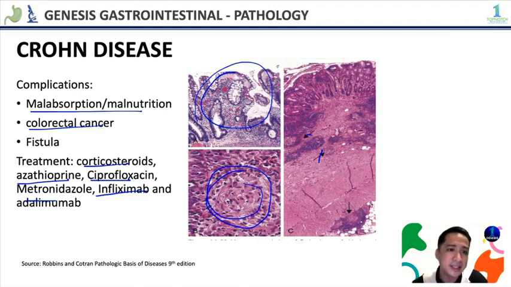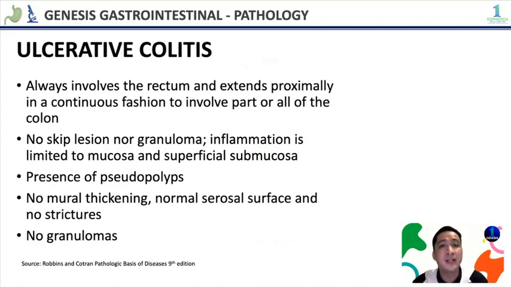Commonly associated diseases are pyoderma gangrenosum, erythema nodosum, episcleritis, and uveitis. Ulcerative colitis presents with the same clinical manifestations as your Crohn's disease.